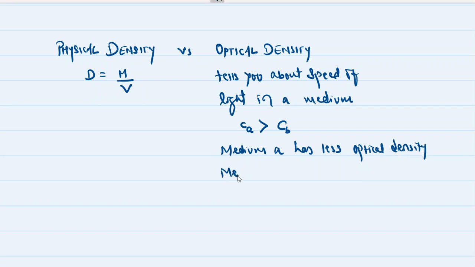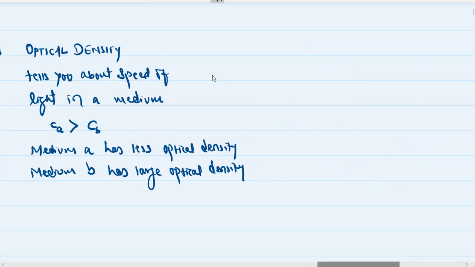and medium B has large optical density. And what does this mean? I'll tell you. This means that medium A, in which the speed of light is more, which has less optical density, is a rarer medium, optically rarer medium.